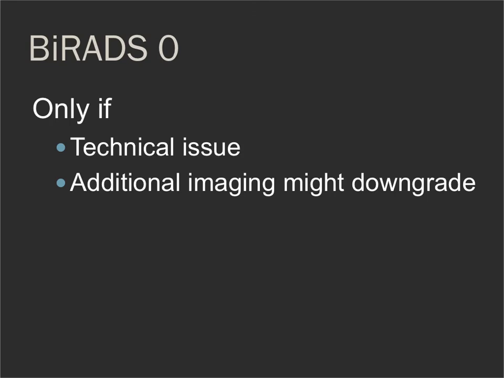Just to note that generally speaking, from a breast MR, you should only use BI-RADS 0 if you feel that additional imaging might downgrade that patient to a BI-RADS 2, or if you feel that there's a technical issue and that you're going to repeat that study. You should not be using BI-RADS 0 for lesions that should be biopsied regardless of a negative callback ultrasound, for example.